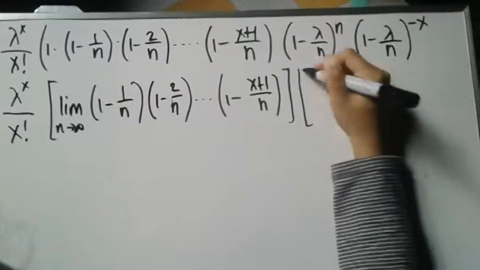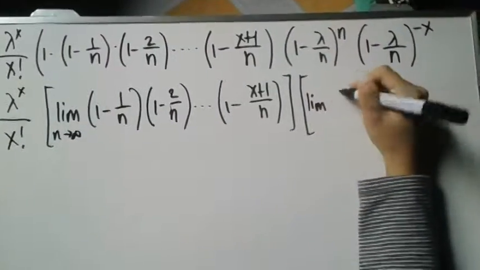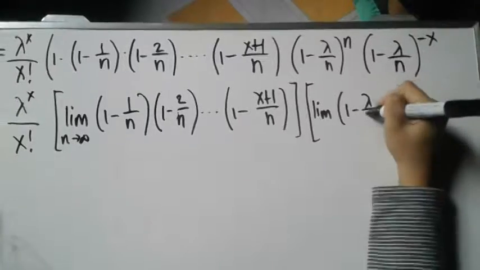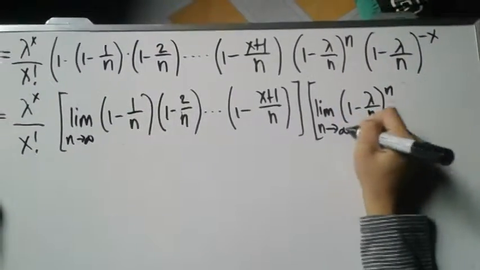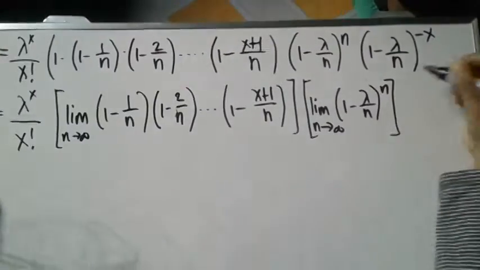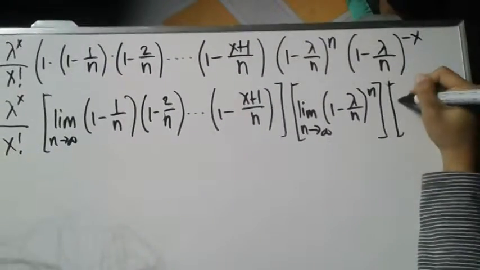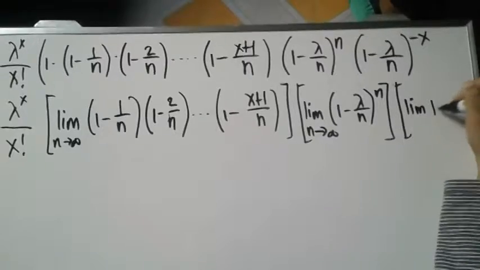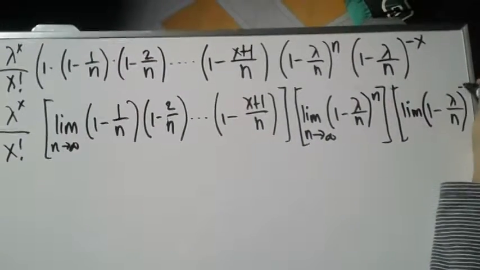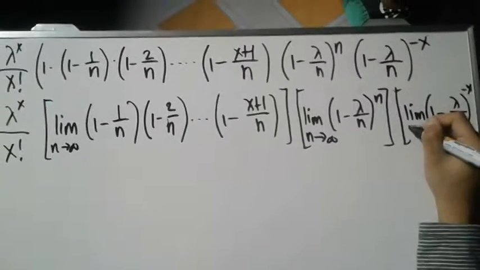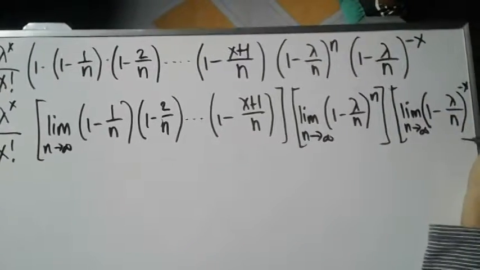And then the limit of (1 - λ/n)^n as n approaches infinity. And the last one, we have the limit of (1 - λ/n)^(-x) as n approaches infinity.